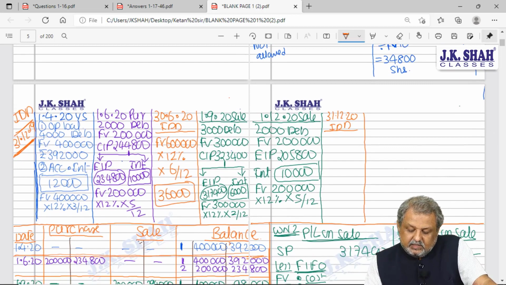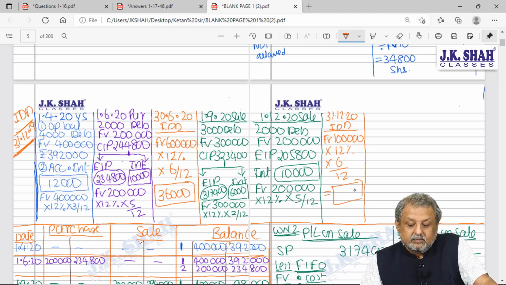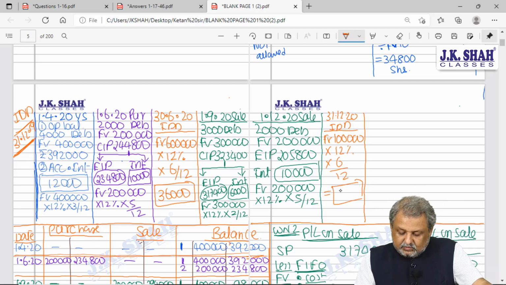What is the IDD? Tell me. 6 lakhs was there, 3 lakhs and 2 lakhs gone. So now face value only 1 lakh into 12% into 6 by 12. Interest amount will be 6,000 only.